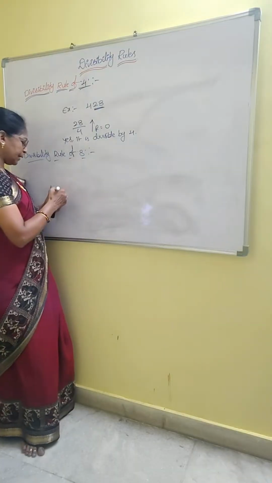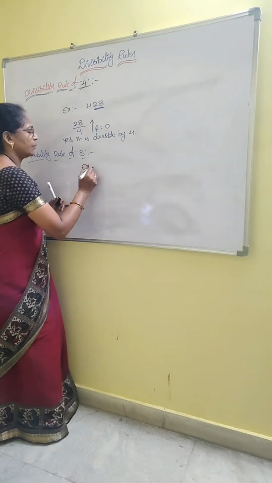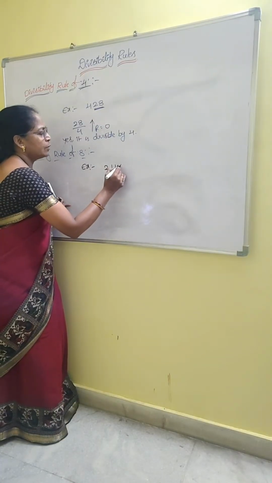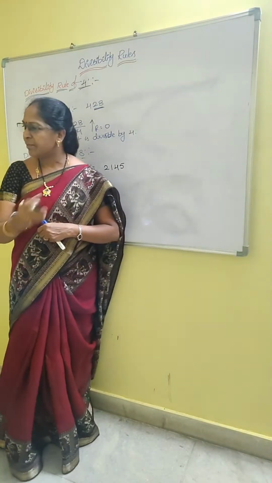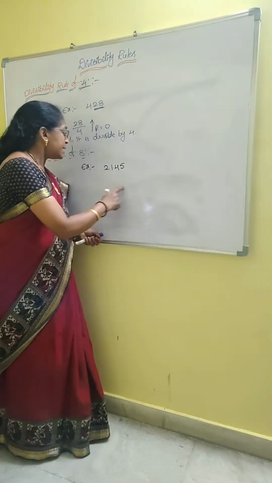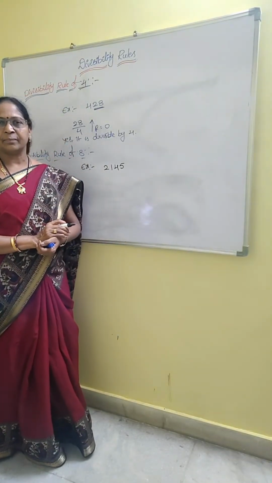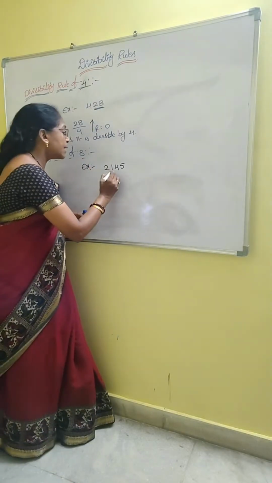For example, one of the examples, 2145 is the given number. Is this number divisible by 8 or not? That is the question. Apply the rule here.